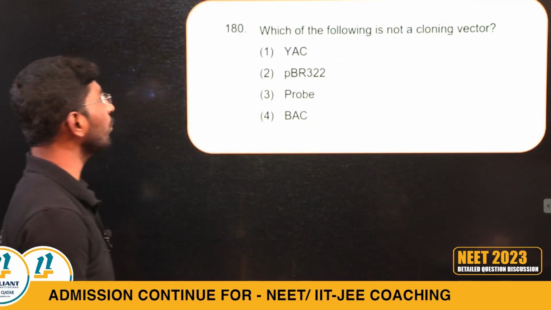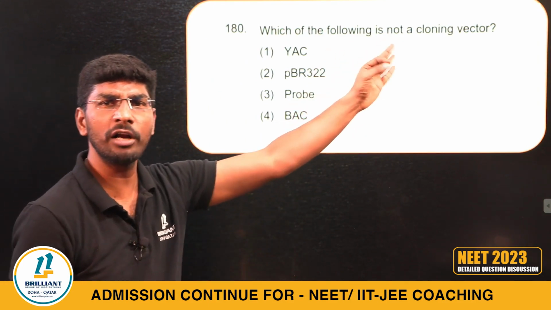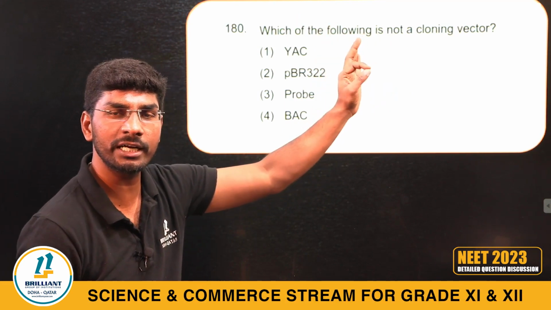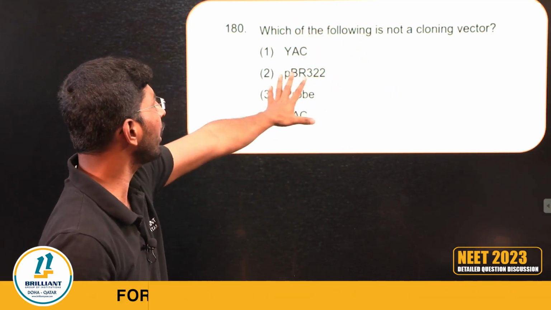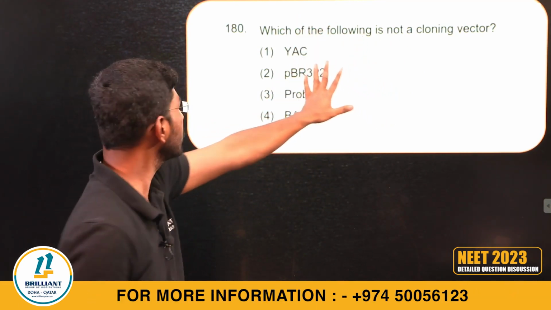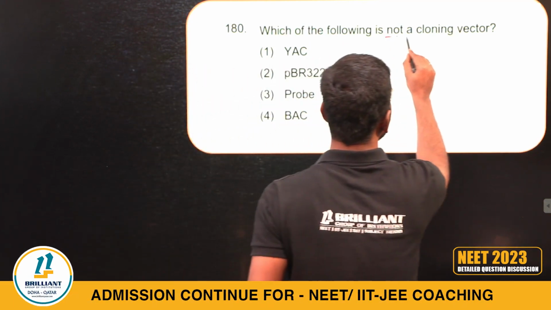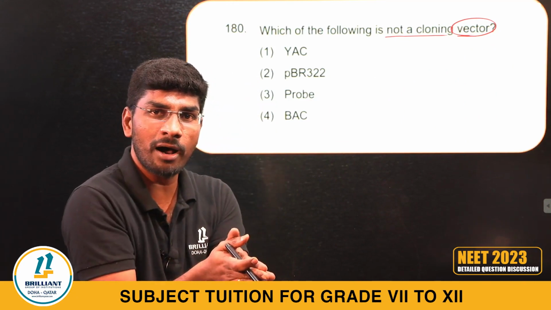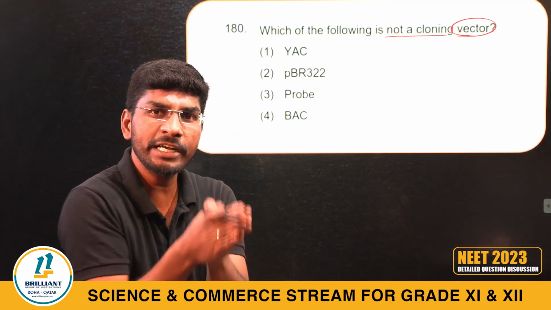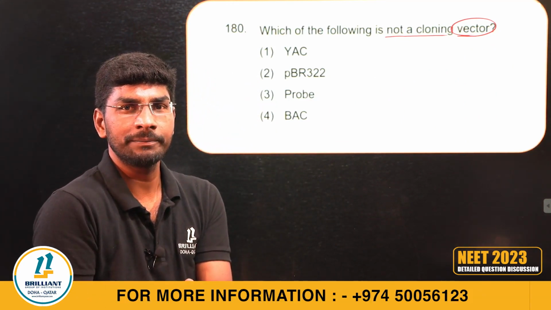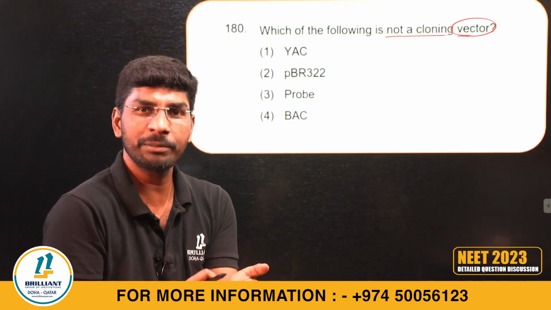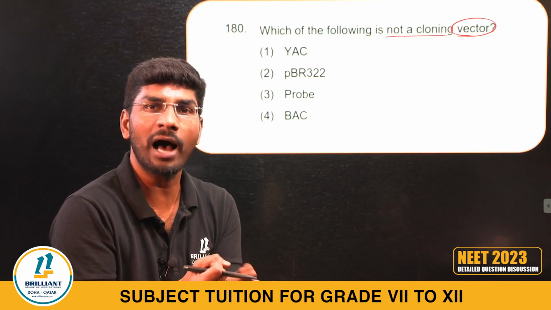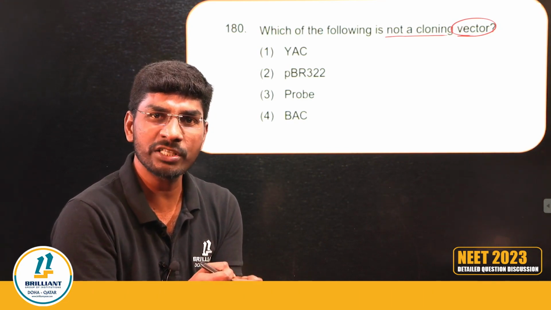Question number 180. How simple. Molecular basis of inheritance question, and this is also related to biotechnology. Which of the following is not a cloning vector? We discussed different types of cloning vectors in our theory class: cosmid, plasmids, BAC, YAC, pBR322, Ti plasmid, Ri plasmid, lambda phage, M13.